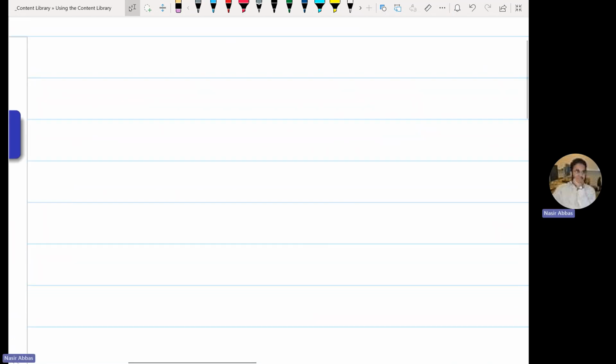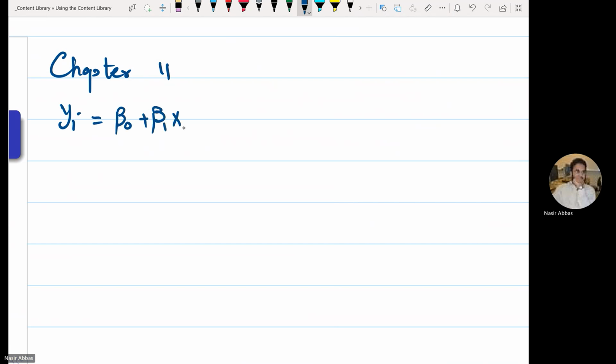So you started chapter 11 by defining a simple linear regression model. This is the simple linear regression model that you define in chapter 11, correct?